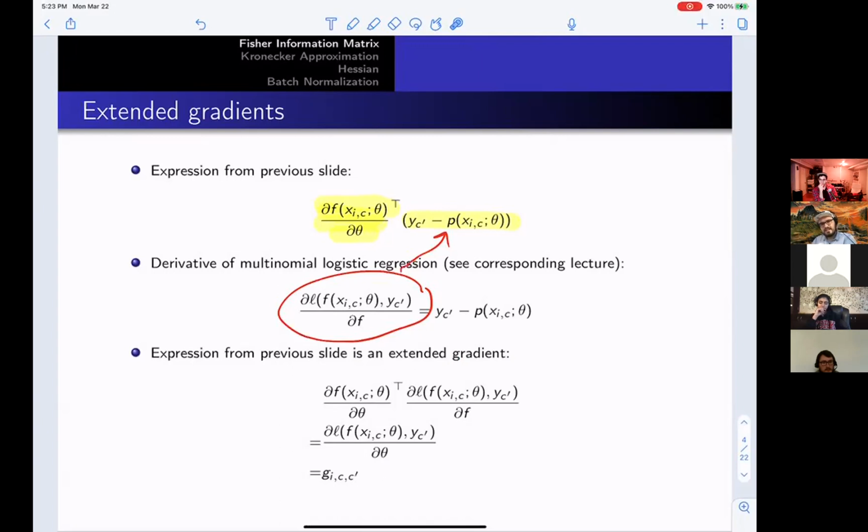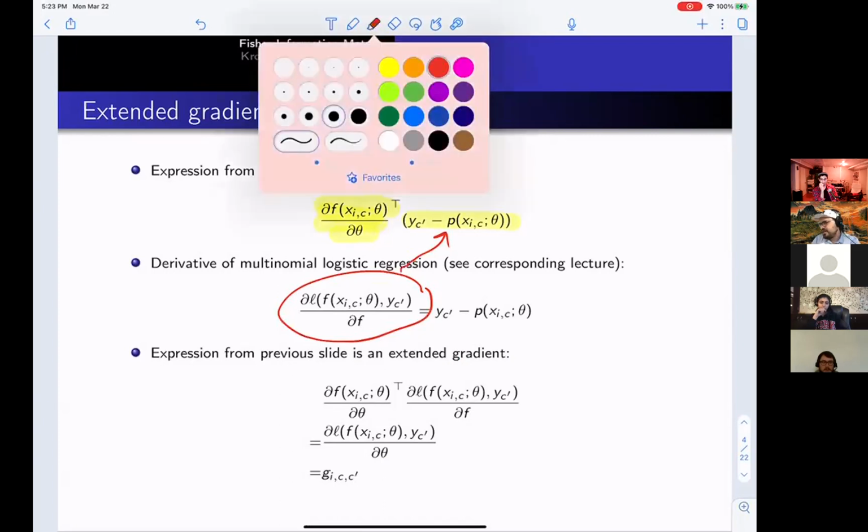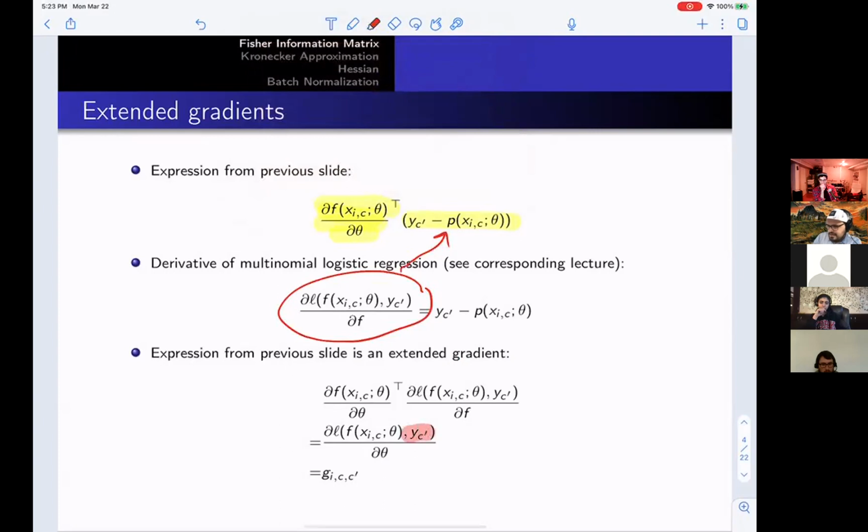These are the derivatives that we use to train our model. But I would say, no, these are not those derivatives, because notice, let me use a dramatic color like red, that this thing is Y_{c'}. So it's a derivative of your i-th example in the c-th class if you labeled it incorrectly.